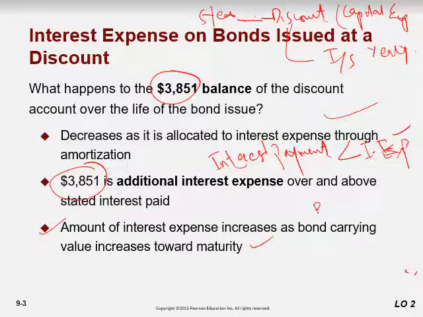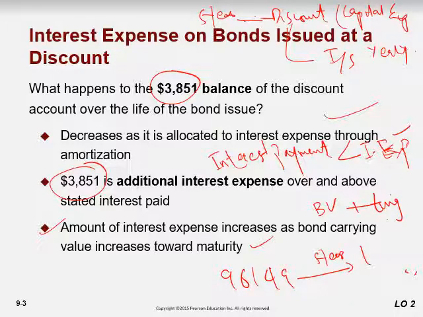Because bond value starts increasing with time. Why? Because 96,149 would eventually in 5 years become 100,000, because at the maturity the market value of the bond must be equal to the face value or maturity value.